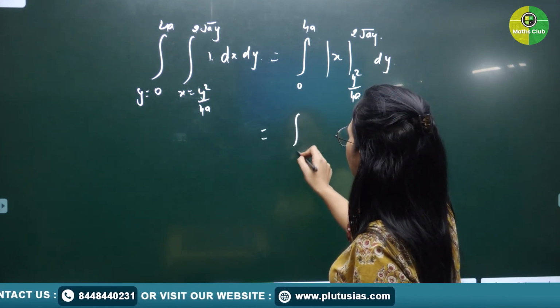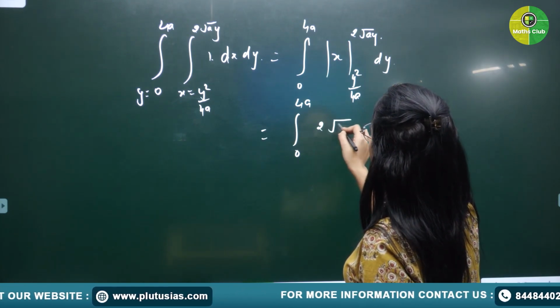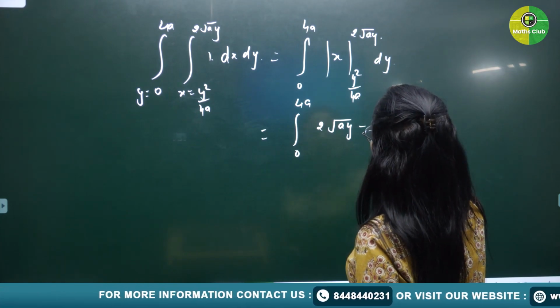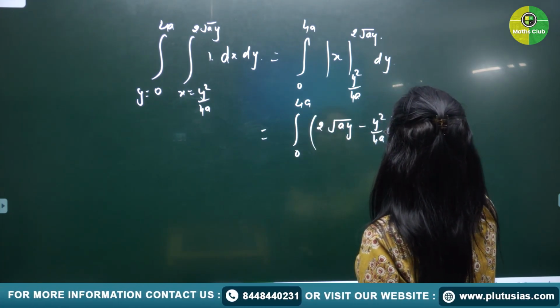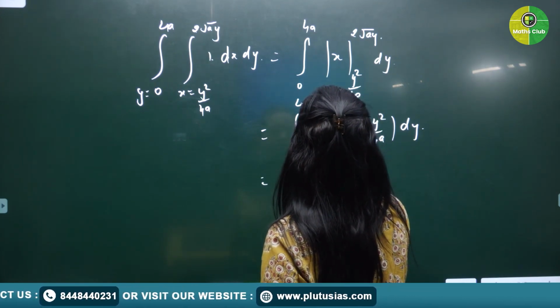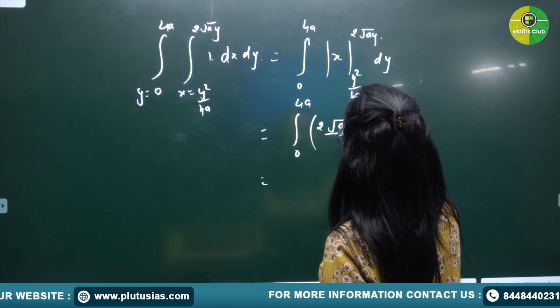Then it is 0 to 4a, and it becomes 2 root ay minus y square by 4a, integral with respect to y. So now we have 2 root a, it can be taken outside, it would be root y. I can write this way.